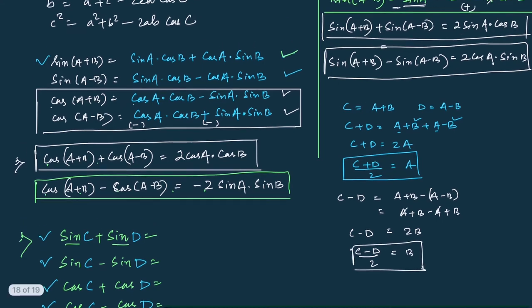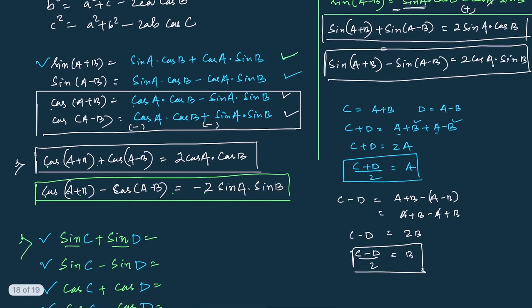So now from this formula we can see this formula. Instead of a plus b you can write c, and instead of a minus b you can write d. Now what do we replace a with? Instead of a we can write c plus d by 2, and instead of b we can write c minus d by 2.